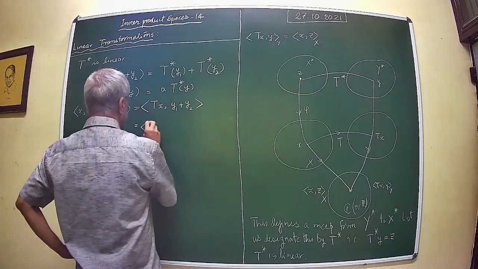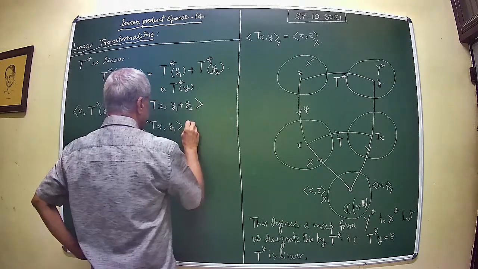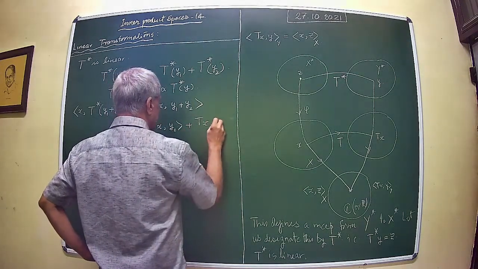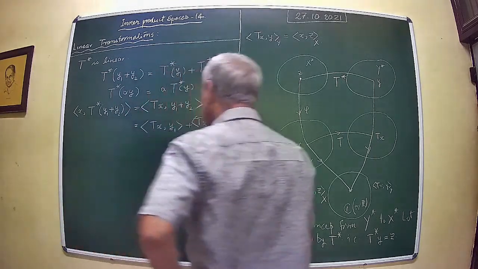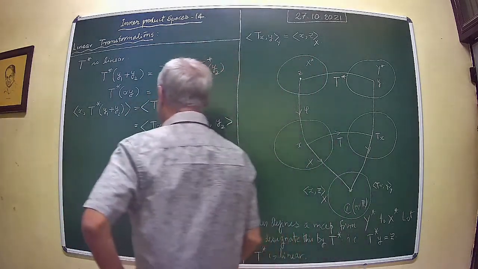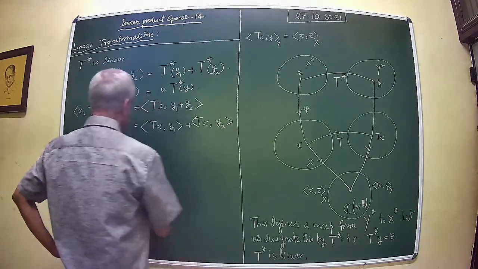You immediately see that this is Tx y1 plus Tx y2, and which you see that this is equal to x.